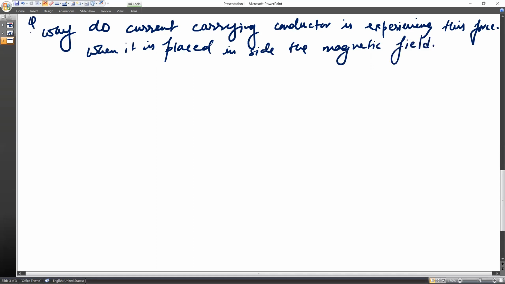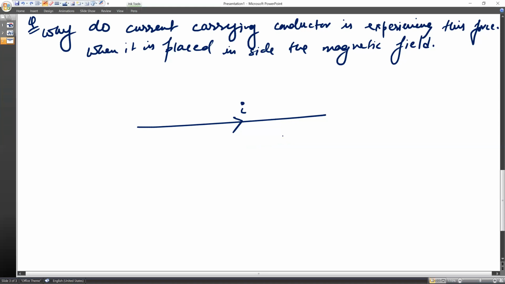The reason behind this is that when there is a current carrying conductor, the moving charged particles behave like a magnet. You have seen in Oersted's experiment that when the current was flowing in a conductor, and a magnetic compass needle was placed near it, the current carrying conductor behaved like a magnet, and due to that the compass needle was deflected.